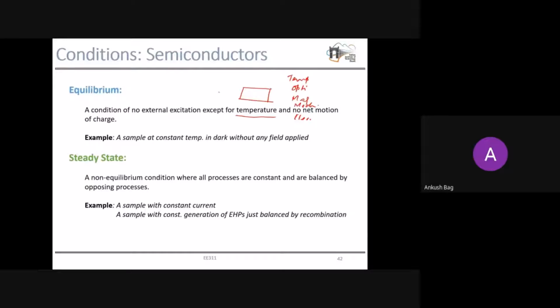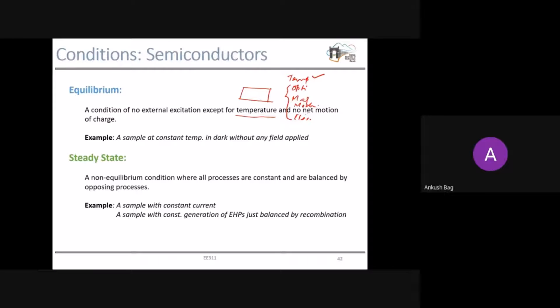Now when we consider a semiconductor under equilibrium, there will be temperature, but no other external energy. Another factor is that there is no net motion. Whenever your semiconductor is at a certain temperature, there will be some random thermal motion, but there will be no net motion.